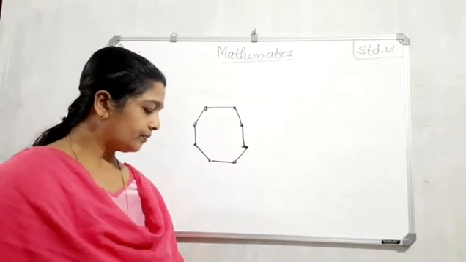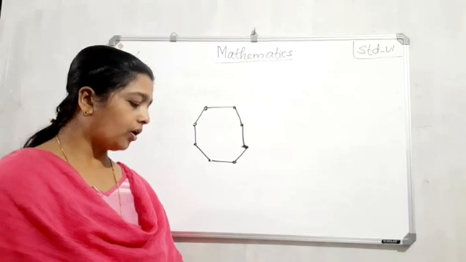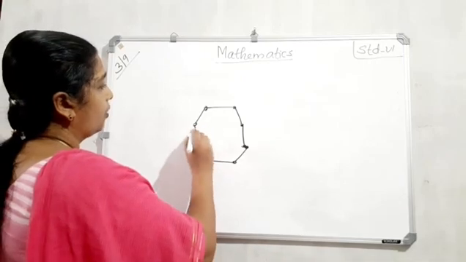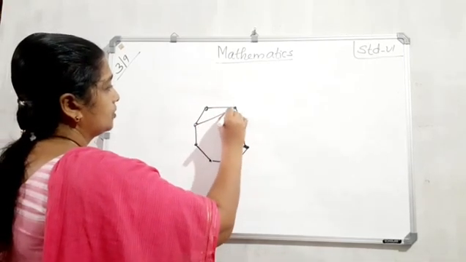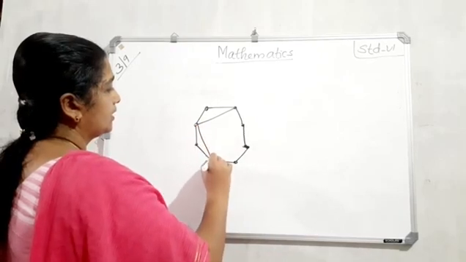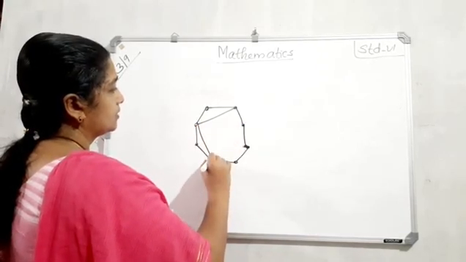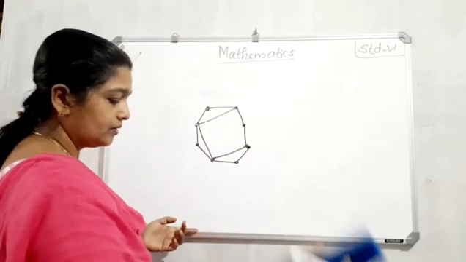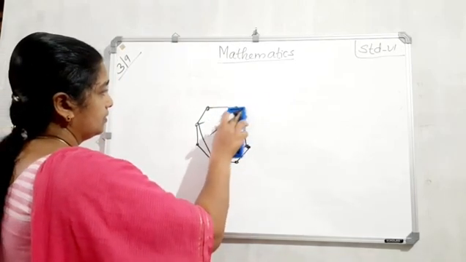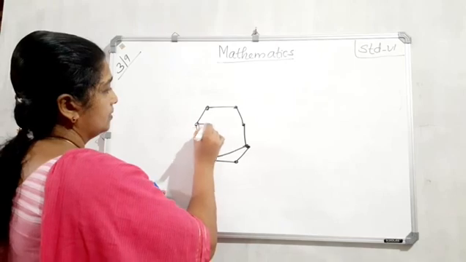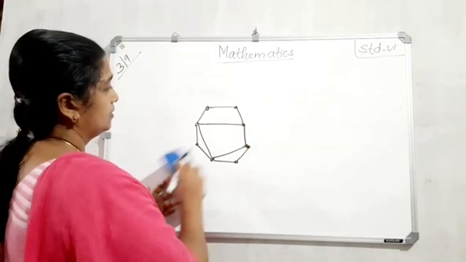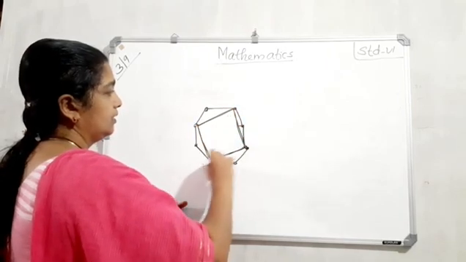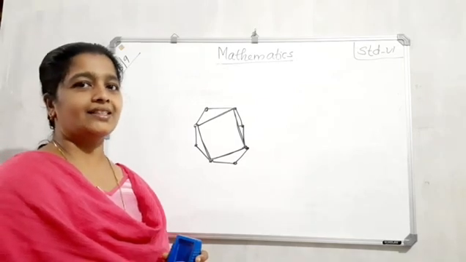And by joining exactly 4 of the vertices of the octagon, we can join any 4. Then here we can draw. Yes. Clear? Yes.